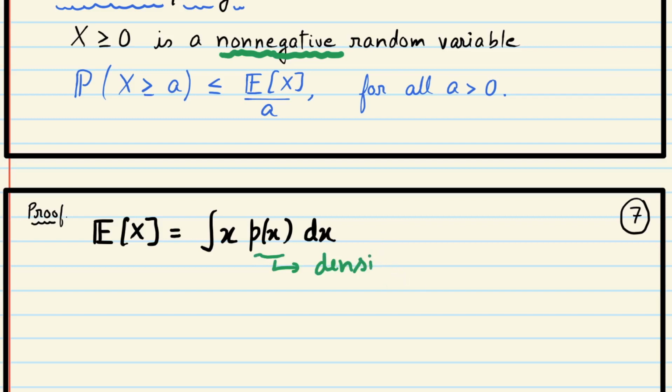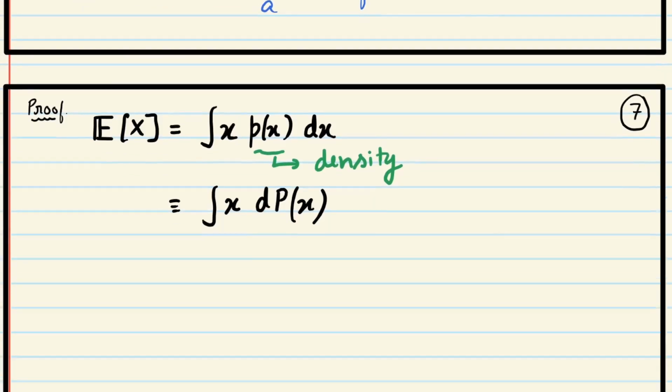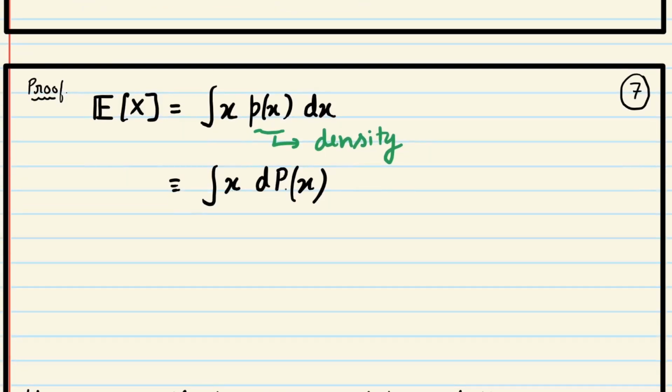This proof, the way we are writing it, can apply to both continuous and discrete cases if we write it equivalently as the integral of x dp_x. This is just a notation that captures both discrete and continuous. You just multiply x with the probability with which that x appears, and this is the probability of that infinitesimally small element. That's how you can read this.